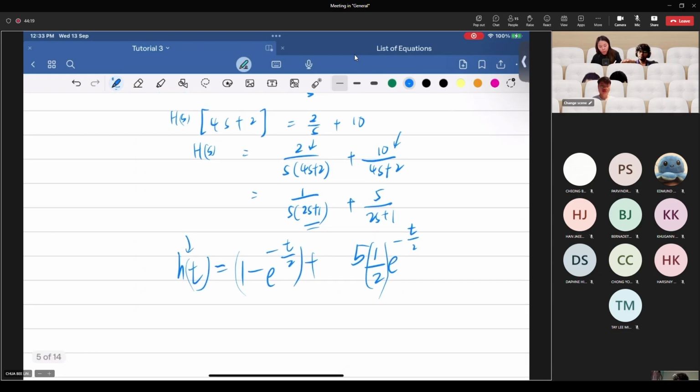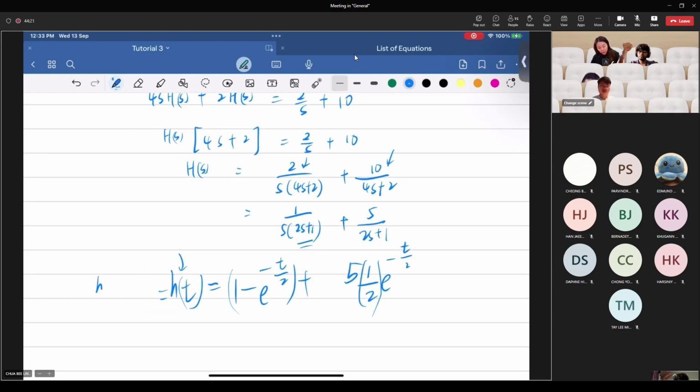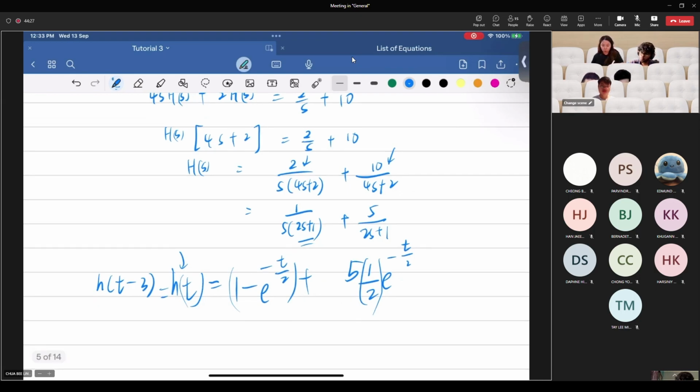You should have this actually is ht minus 3. Okay, so you have to change to t minus 3 because event B start from t equals to 3. So you have to change to this and remove this.